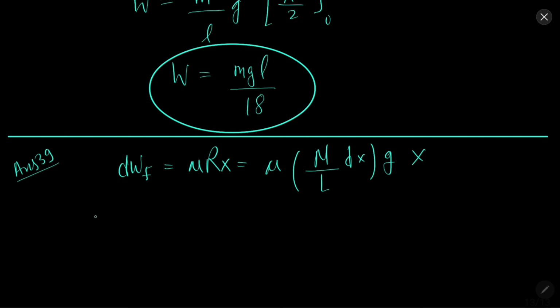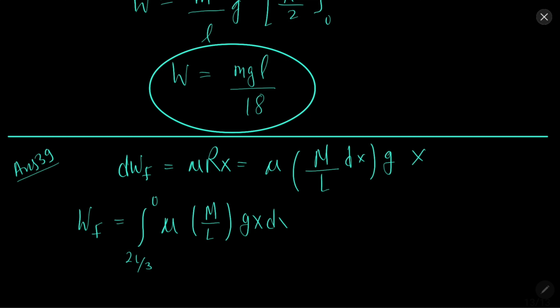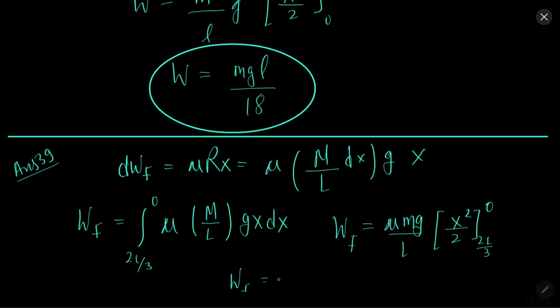From this we can find the total work done, from 2L by 3 to 0, so m by L g x dx. So the work done will be mu mg over L, x square by 2, from 2L by 3 to 0. So this work done will be 2 mu mgL over 9.